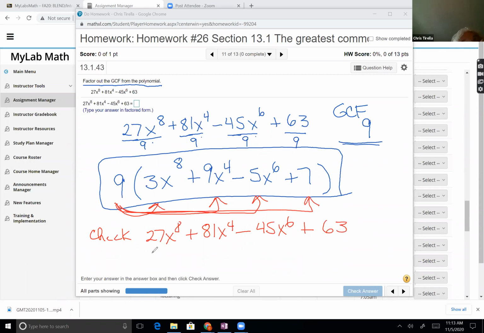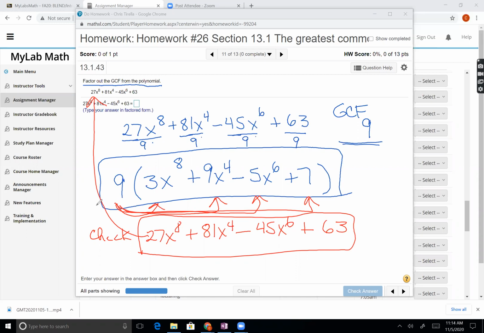And so when we're factoring, when we do our check, it should always take us back to the question that we started with. And the GCF, without me factoring out all the numbers, would have been 2 groups of 3 to make the 9, right? Right. Okay, thank you.